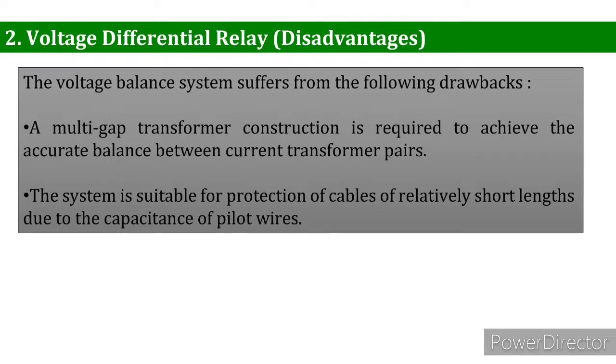So this is the drawback. So we can use this relay in a short length cable, or if we want to use it in long cables, there are some measures we have to take into account in order to rectify this problem.